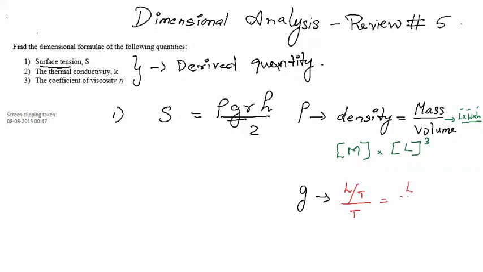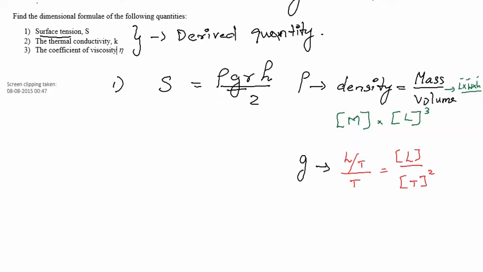So you have length over time square. And finally we have r, which is radius, and radius is length again, so that has a dimension of length, and height is another quantity that has a dimension of length.